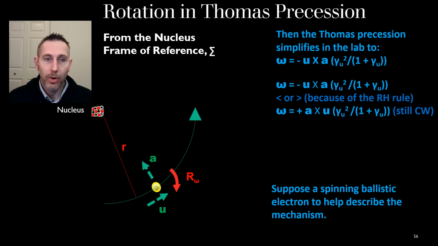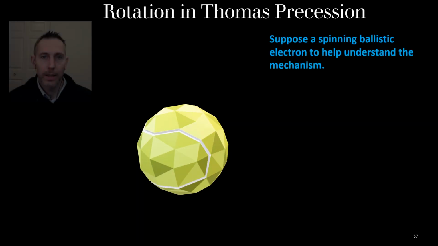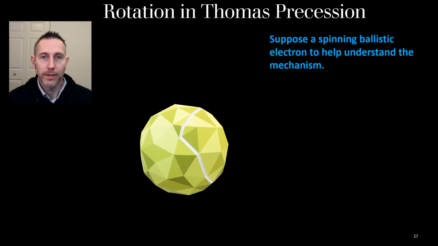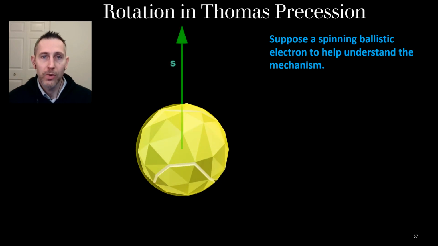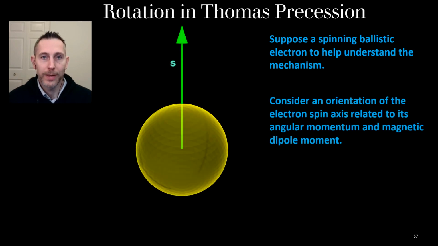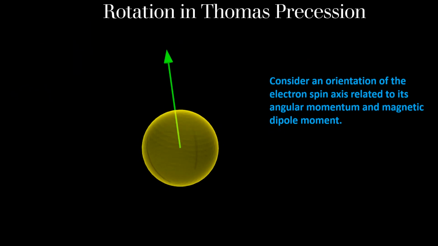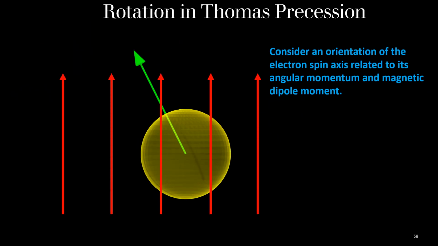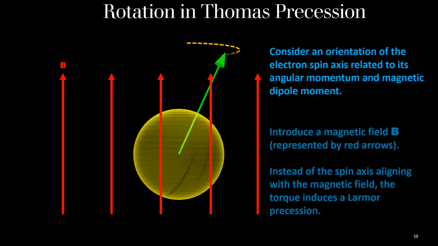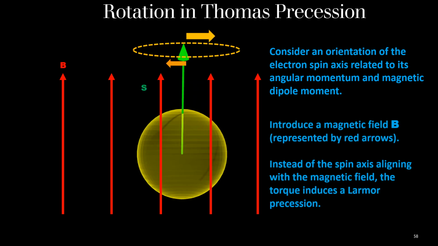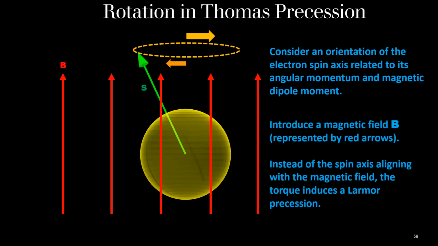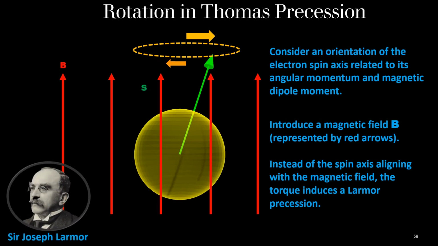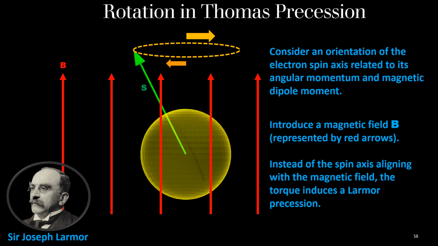Suppose a spinning ball description of the electron to help describe the mechanism. Consider an orientation of the electron spin axis related to its angular momentum. Now introduce an off-axis magnetic field to induce a torque on the electron. Instead of the spin axis aligning with the magnetic field, the torque induces a Larmor precession.